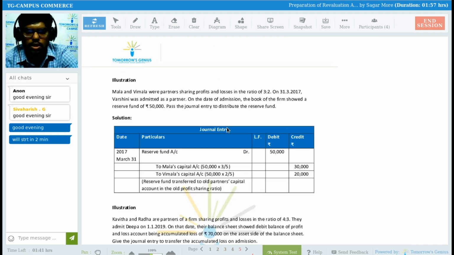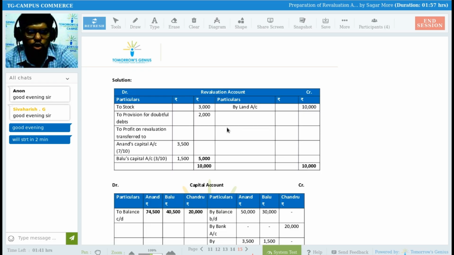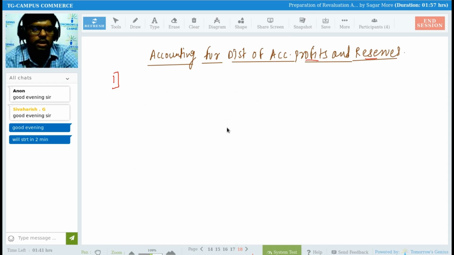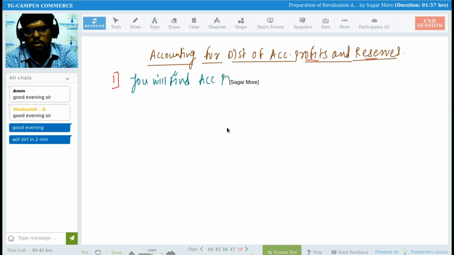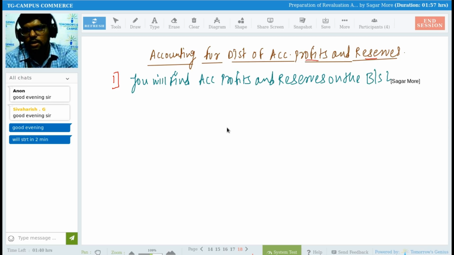So the answer to my question is, you will find accumulated profits and reserves on the balance sheet liability side.